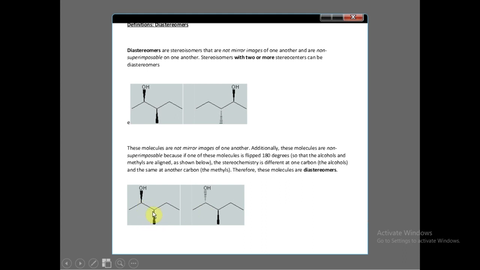This is 1, 2, 3, 4, 5, pentane, 3 methyl, 2 hydroxy pentane, but with a different configuration, molecule A and molecule B. At first glance, you cannot determine the diastereomer, because here this is CH3, this is CH3, this is CH2. But on the other molecule, this is CH3, but this one is COH.